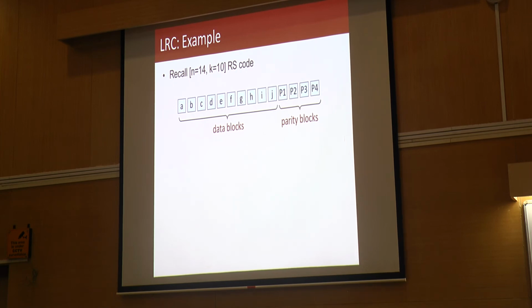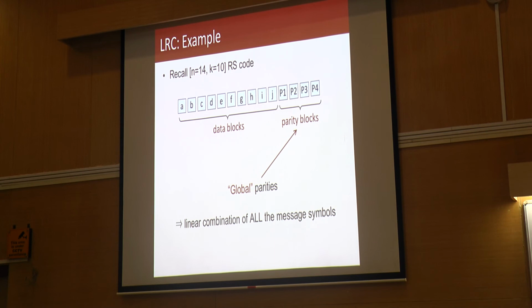So we have these 10 data blocks, 4 parity blocks, and now when we are looking at reducing the degree, we will take a closer look at the composition of these parities, okay? So in these classical MDS codes, the parities that we have we can call global parities because they are functions of all the message symbols. And it's kind of necessary for MDS codes because recall that an n, k MDS code can tolerate any n minus k failures, right?